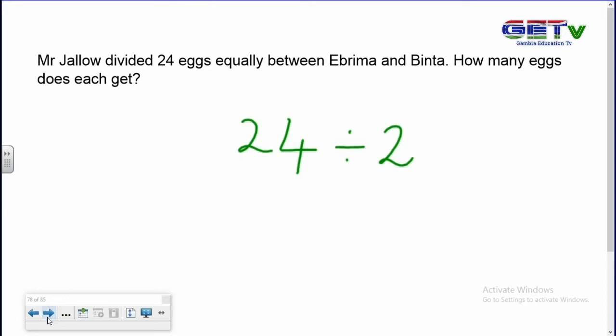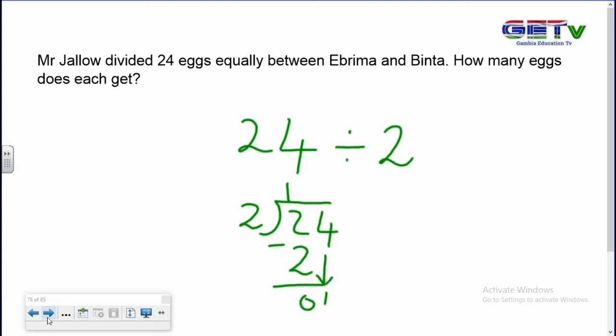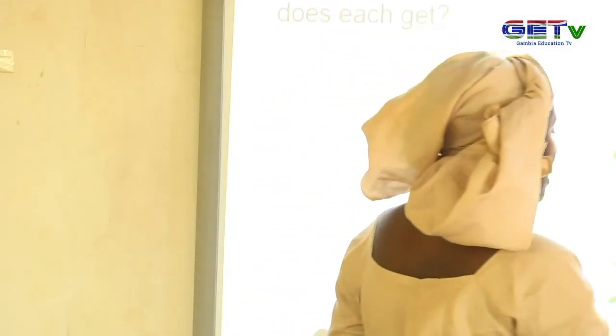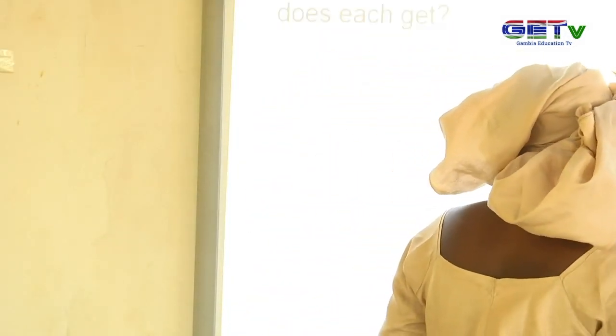And 24 divided by 2 using the long division method. 2 divided by 2 is 1. 1 times 2 is 2. 2 minus 2 is 0. Let's bring the 4 down. Now we have 4 here. 4 divided by 2 is 2.